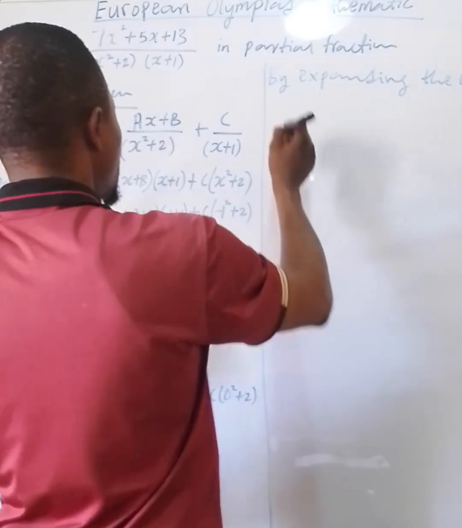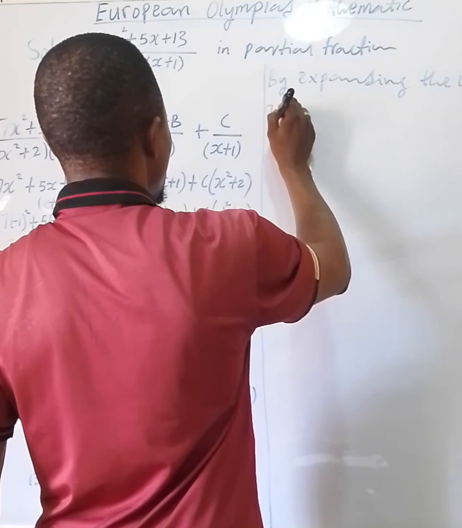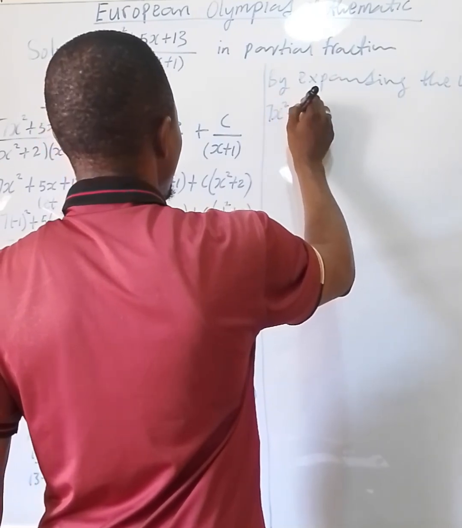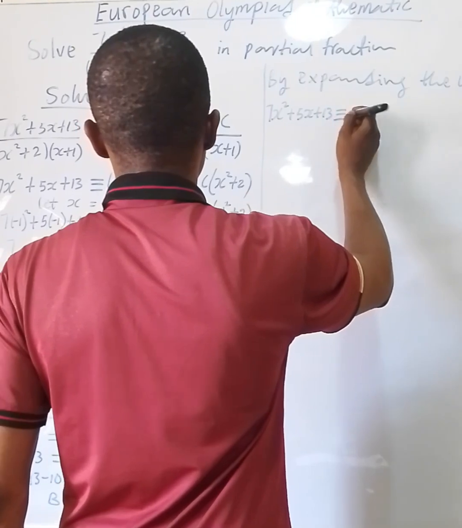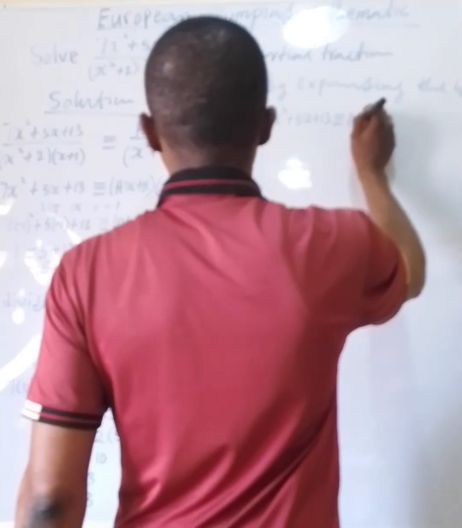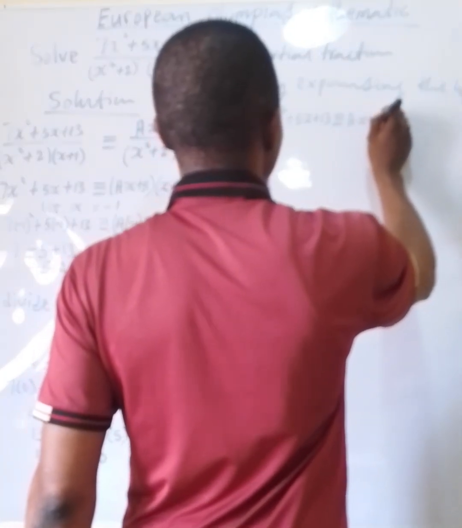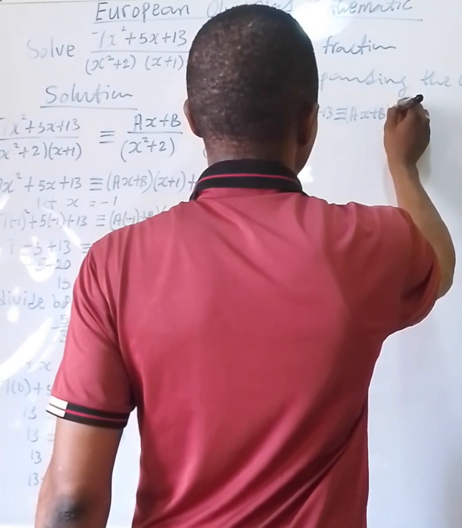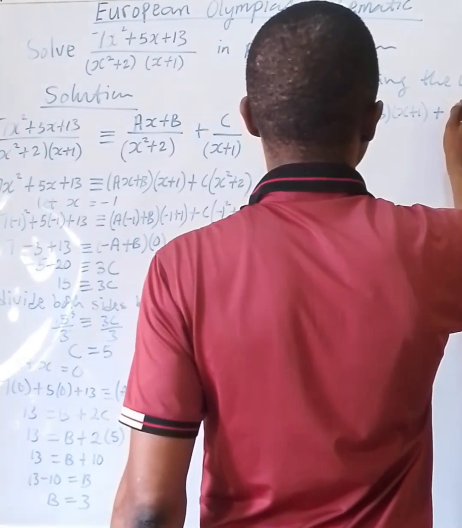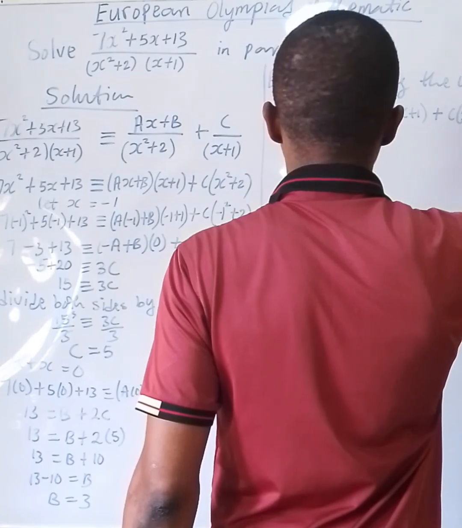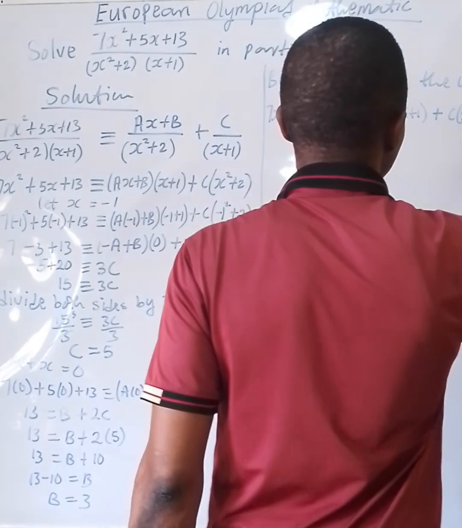So what is the identity now? 7x squared plus 5x plus 13 is equivalent to (ax plus b) into (x plus 1) plus c into (x squared plus 2).